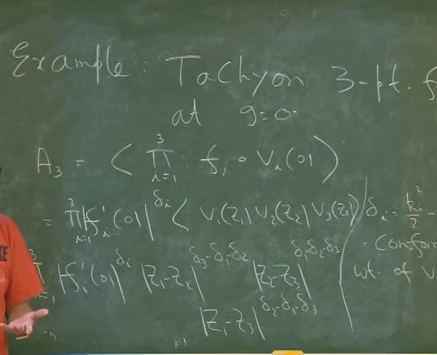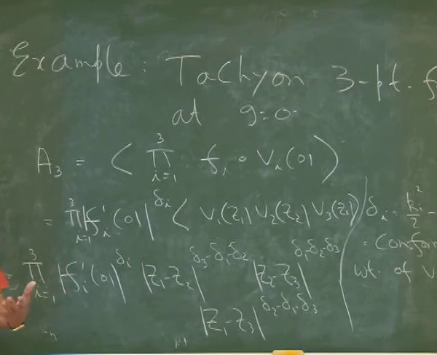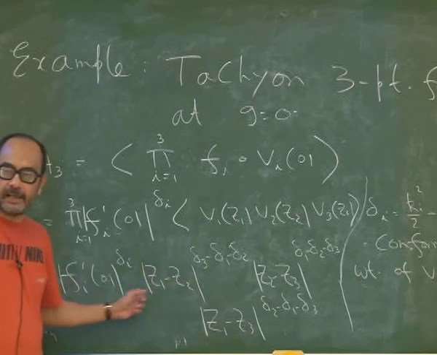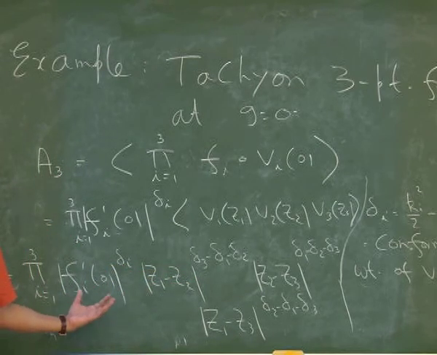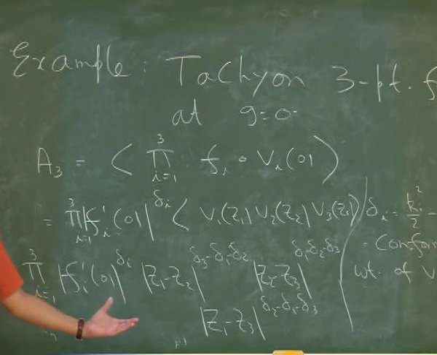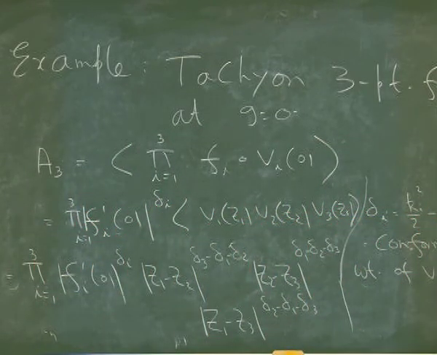That's what I mean by saying that it's independent of the choice of reference coordinates. It of course does depend on the choice of the W coordinate system. If you change the W coordinate system, then the F_i change. Nothing happens to this, but the F_i change, and that obviously will change the correlation function. But this is not dependent on the choice of Z coordinate system. That's what we are going to describe.